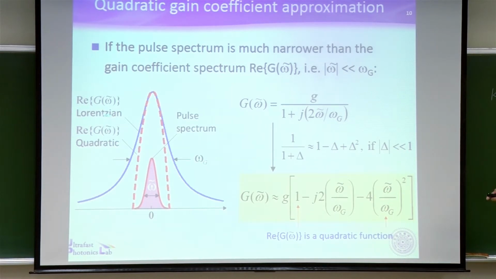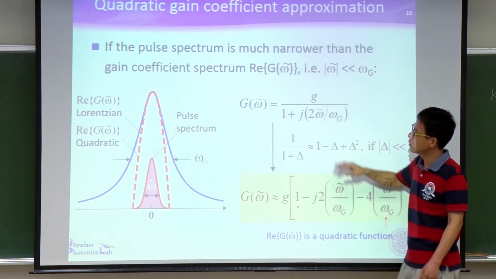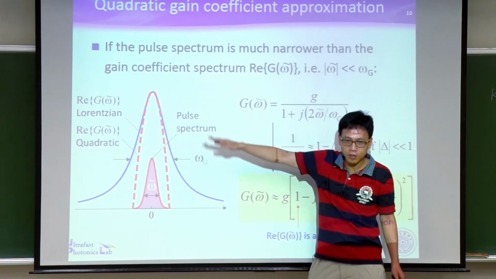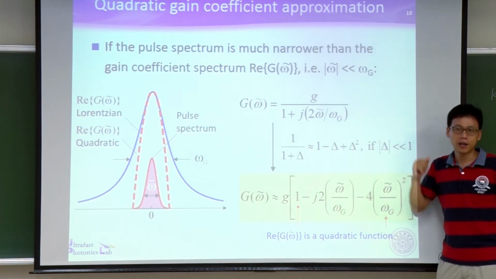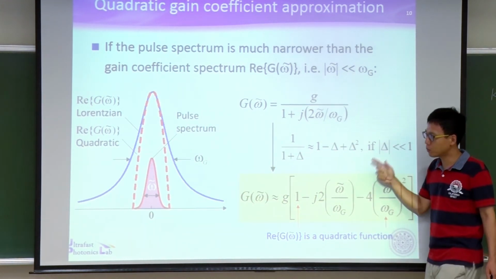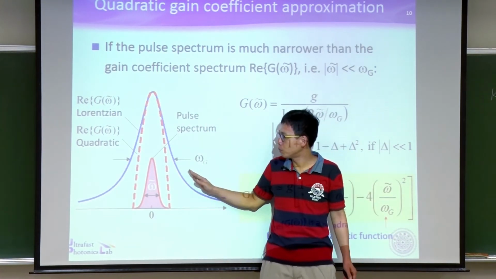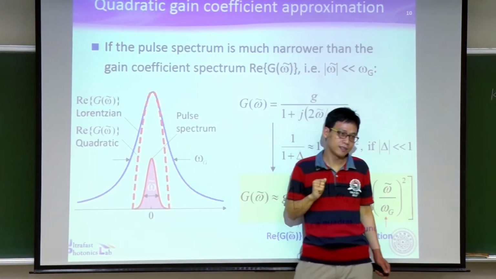This is a quadratic function represented by the red dashed curve. Okay, so what's the difference? The original model, the real part of the complex Lorentzian function, is the blue curve, but after the Taylor series approximation, the real part becomes a quadratic function, okay? From blue to red, okay?